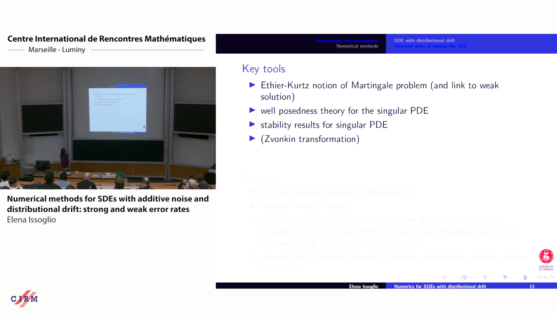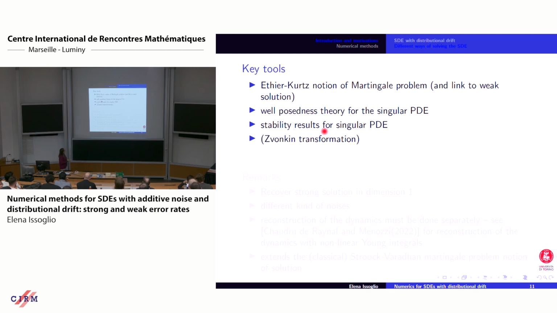So the notion of solution, the notion of martingale problem, is the one that comes from Stroock-Varadhan. It's linked to weak solutions. That's why we talk about weak solutions, because the martingale problem is linked to weak solutions in the classical setting. We don't have a notion of weak solution for the SDE with distributional drift. We have the notion of martingale solution, which we call weak solution essentially.